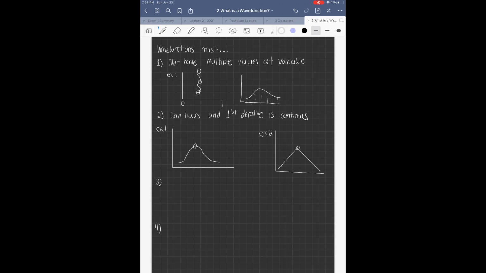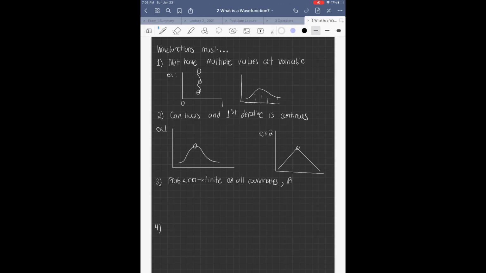Okay, let's go for 3. If you were to take the probability of it, at any coordinate, it has to be less than infinity. It has to be finite at all coordinates when you integrate, and it has to be positive.